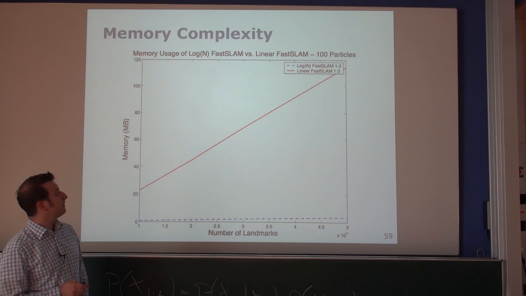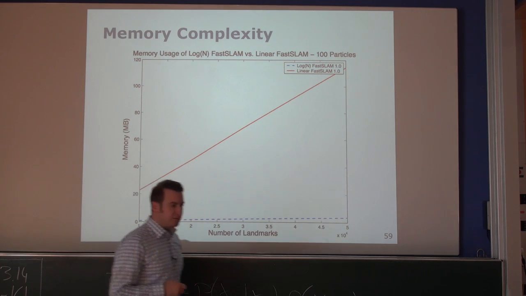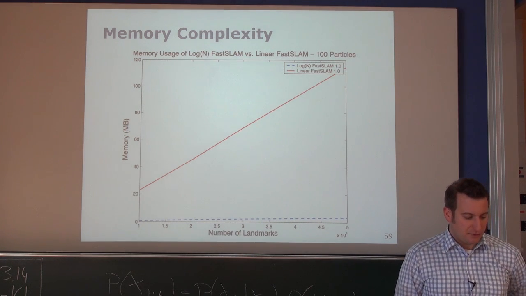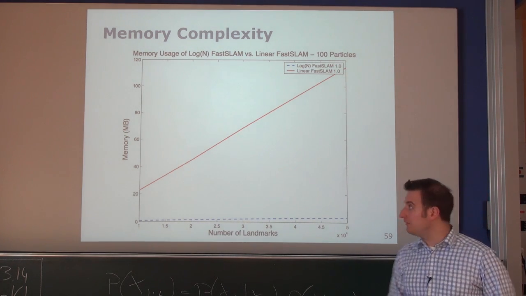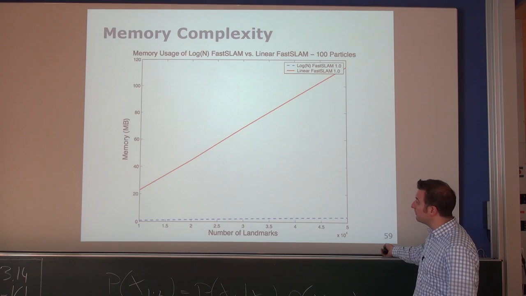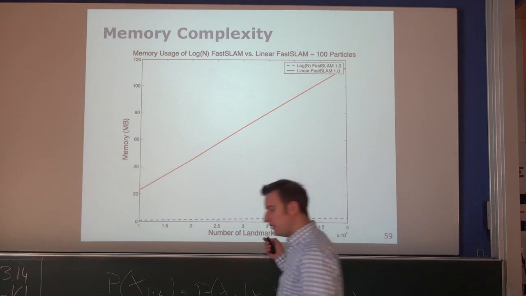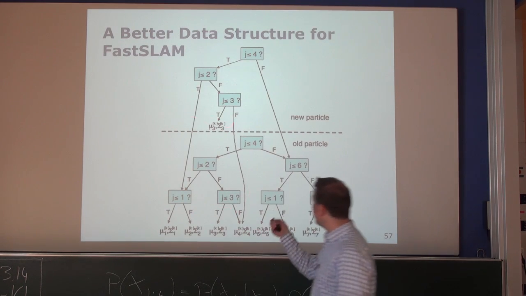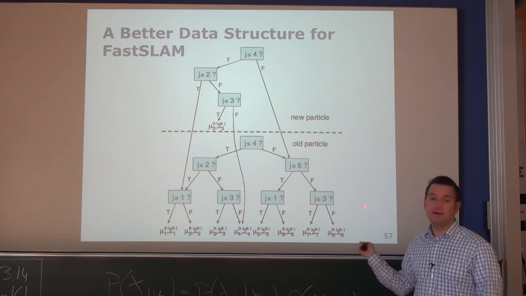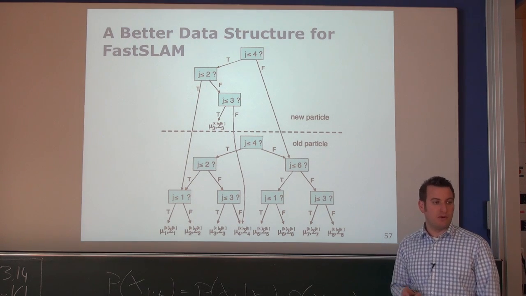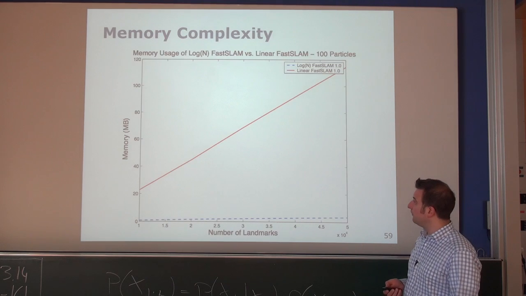Okay. Let's look at the memory usage of this algorithm. The memory usage is dramatically reduced by using this smart tree structure, because you don't need to replicate the landmark estimates for all particles.